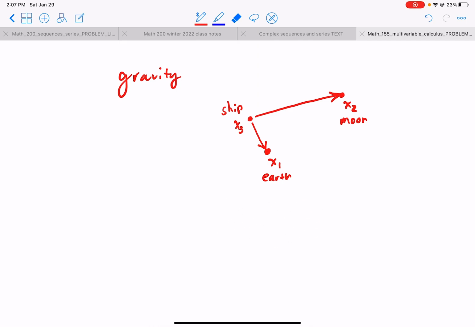Okay, and what will those forces be? In fact, we're not going to work with force because we're just going to cancel the ship's mass, and we'll say that the acceleration will be equal to the acceleration from Earth plus the acceleration from the moon.